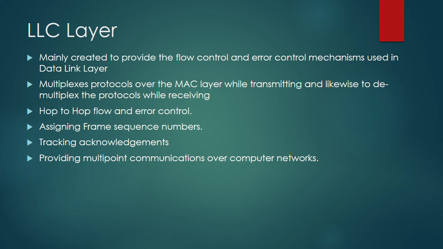That is done by the LLC layer. So it handles hop to hop flow control and error control, and you assign frame sequence numbers so they do not conflict with other frames. Acknowledgement tracking is there, and it provides multi-point communications over computer networks.